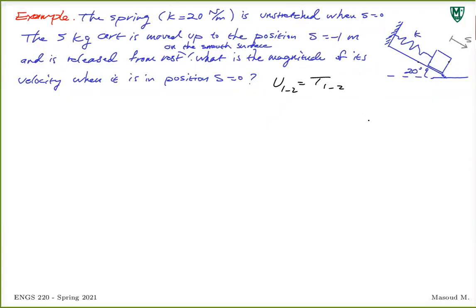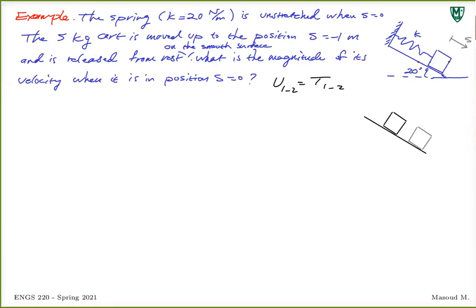We start from somewhere here, s equal to -1, and point 2 is when we are at s equal to 0.